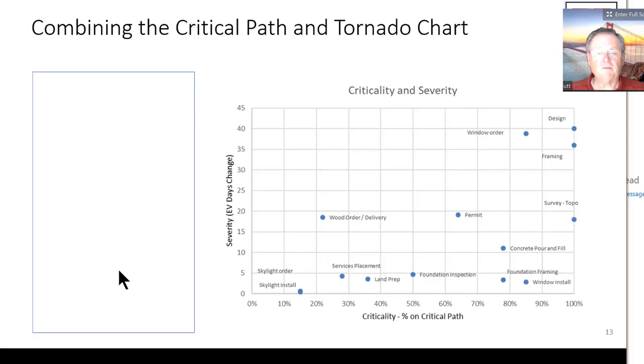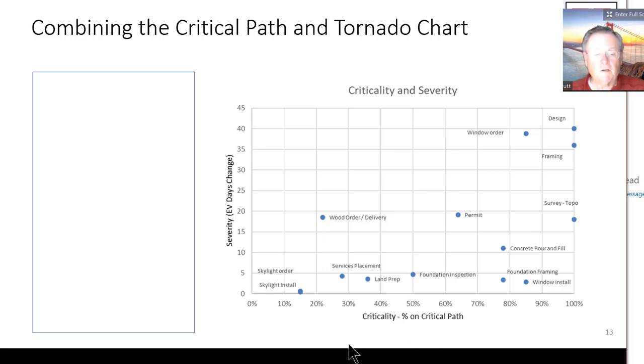Now let's combine the tornado chart and the critical path together. So on the x-axis, we'll put the criticality. That's coming from the critical path diagram that we just showed. And over here is the severity of the change in each of the tasks.